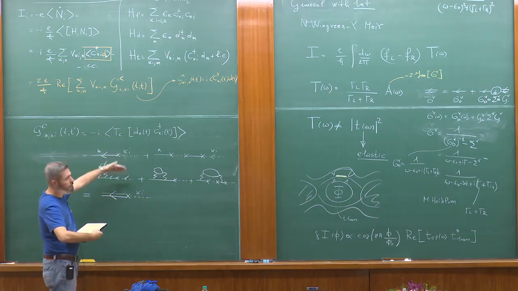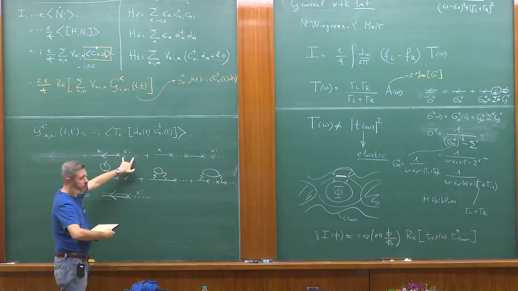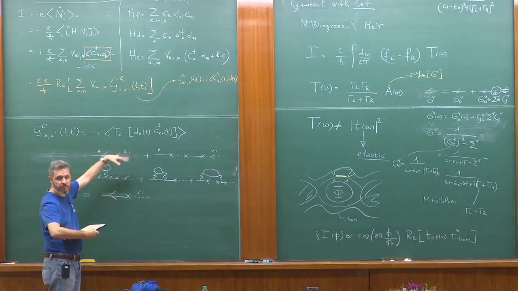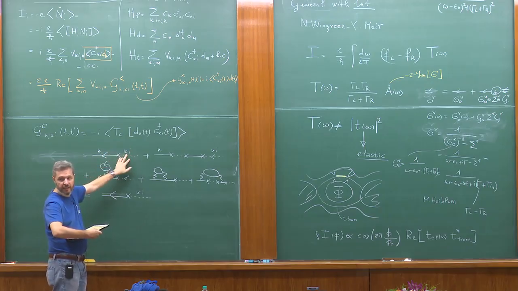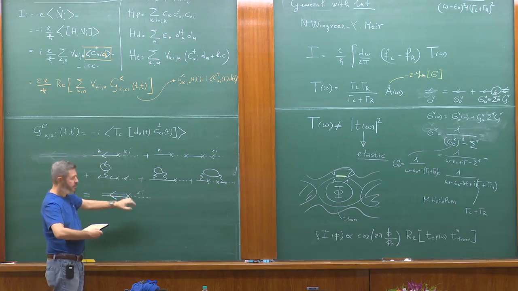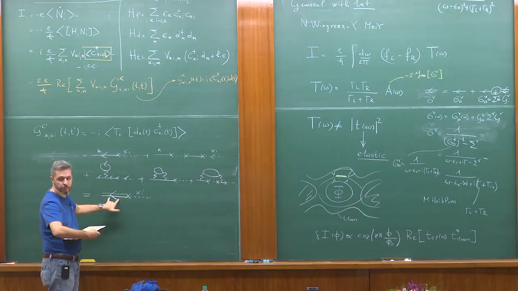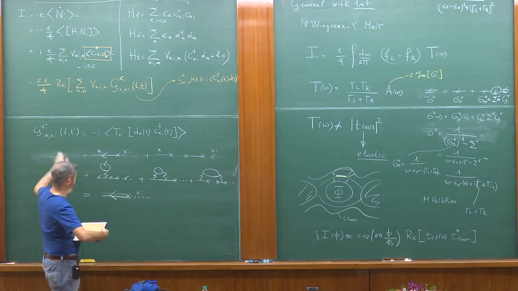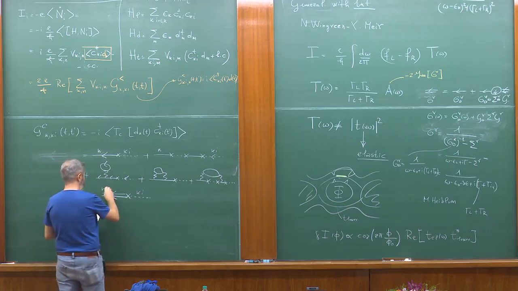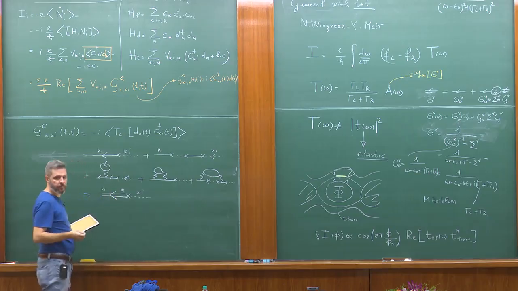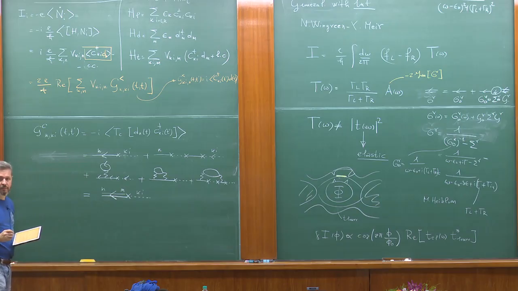Because just by looking at these diagrams, I always notice that there is this appendix sitting here with ki at the end. And then all the rest, when it's summed, will give me the full green function with indices n and m. Is it clear? It's just the structure of perturbation theory.